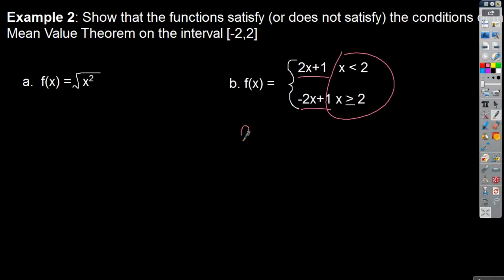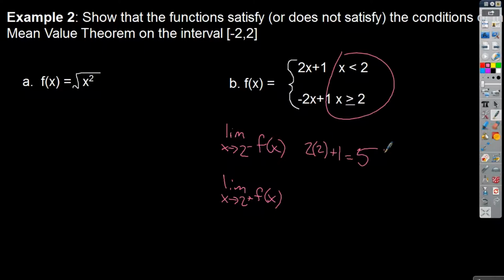So let's just see if it is continuous. Let's find the limit as x approaches 2 from the left, and the limit as x approaches 2 from the right. Approaching from the left, I'm going to have 2 times 2 plus 1, 5.